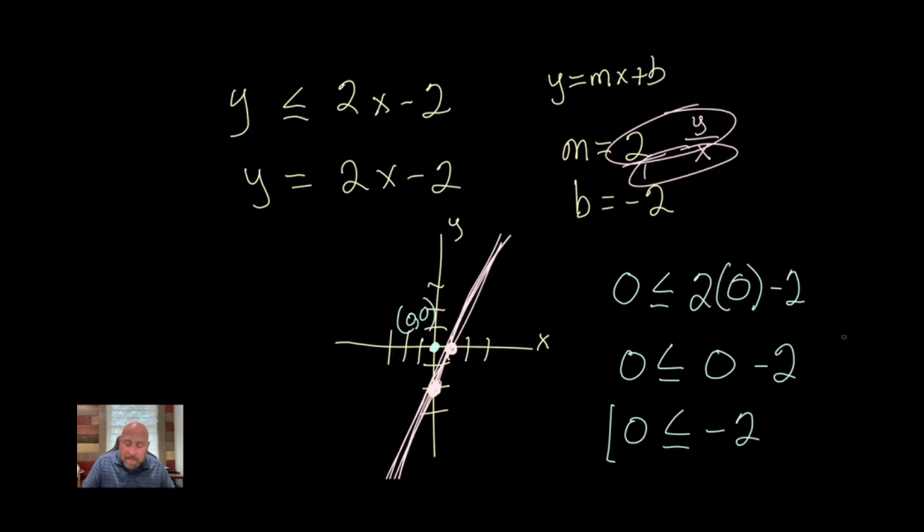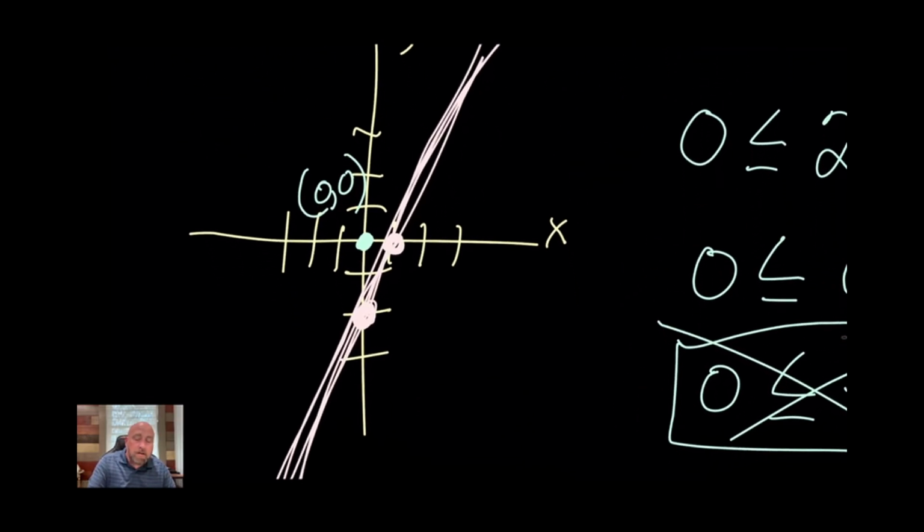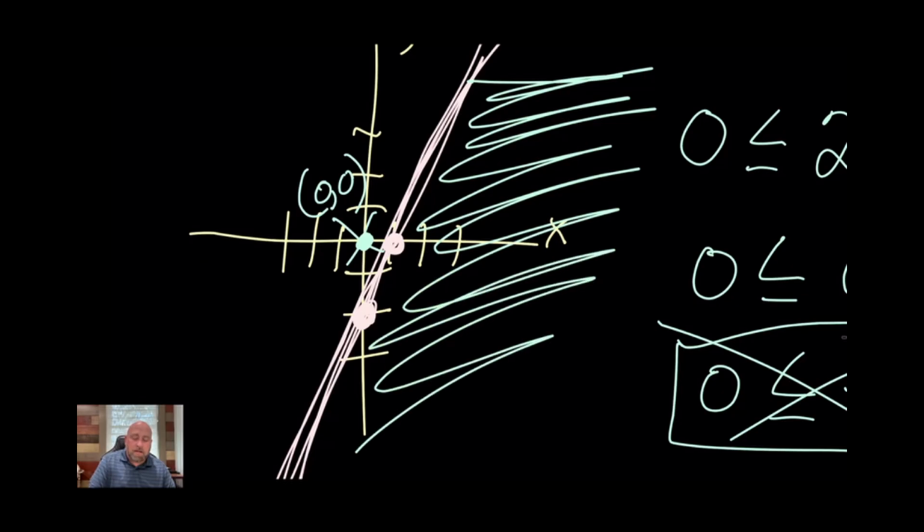Now, once we finally get it to where we're done solving it, we ask the question, is that true? Is 0 less than or equal to negative 2? And it is not. So we come over here and we say, since this was not true, then this is the side that we shade.